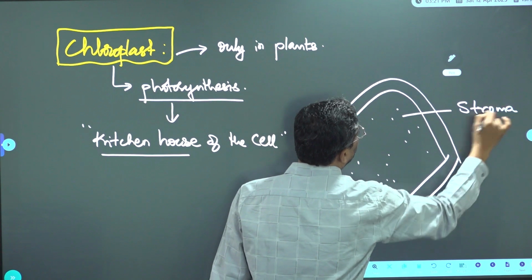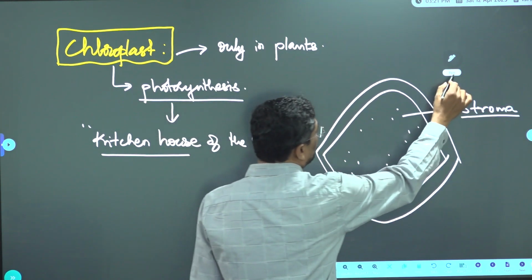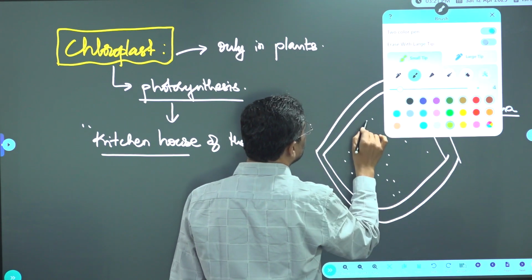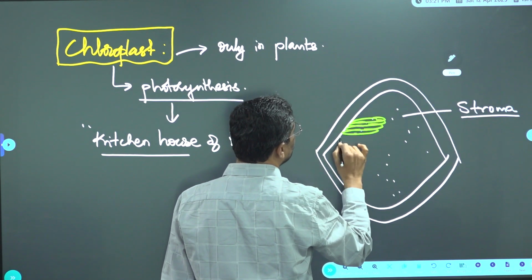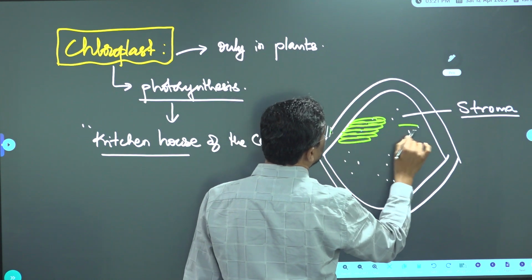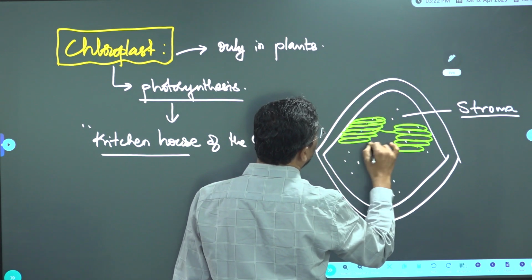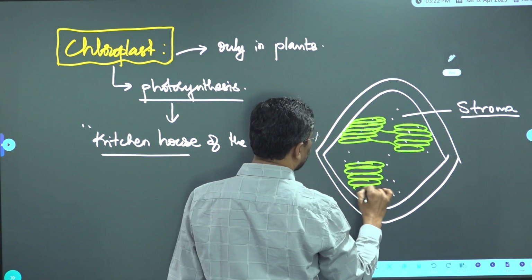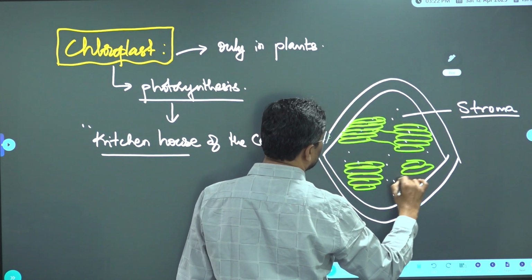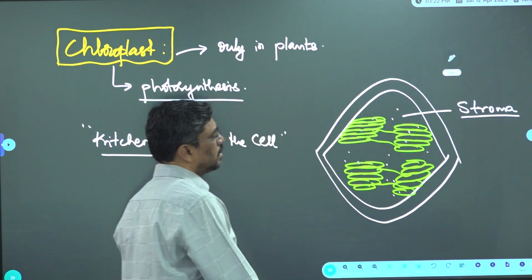In the stroma, green colored tubular structures are arranged one above the other like this, and they are all interconnected.